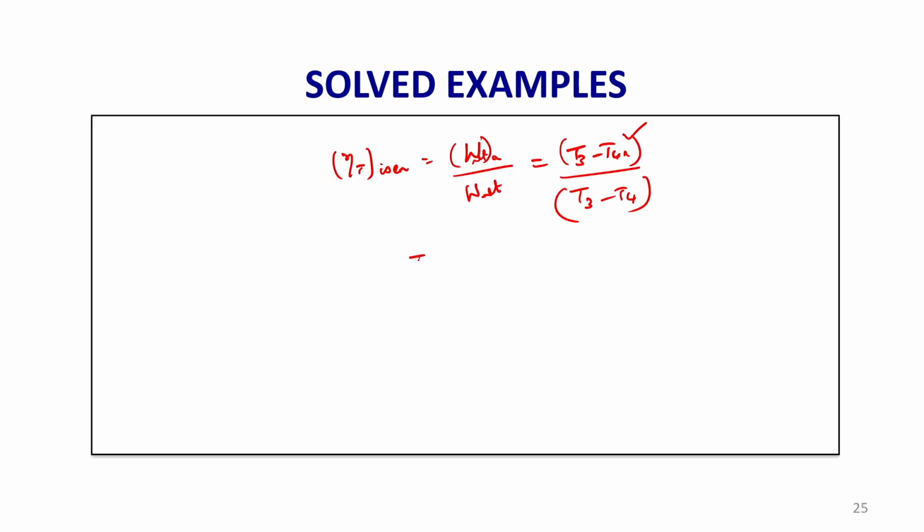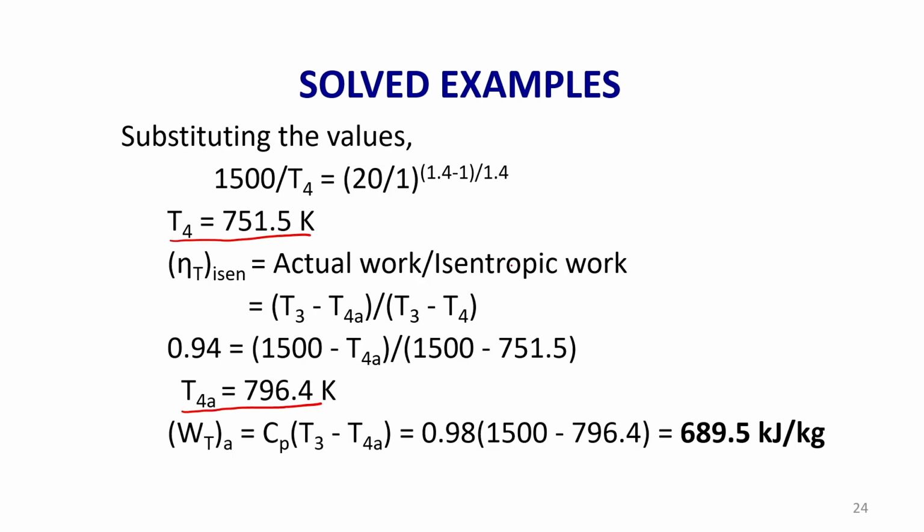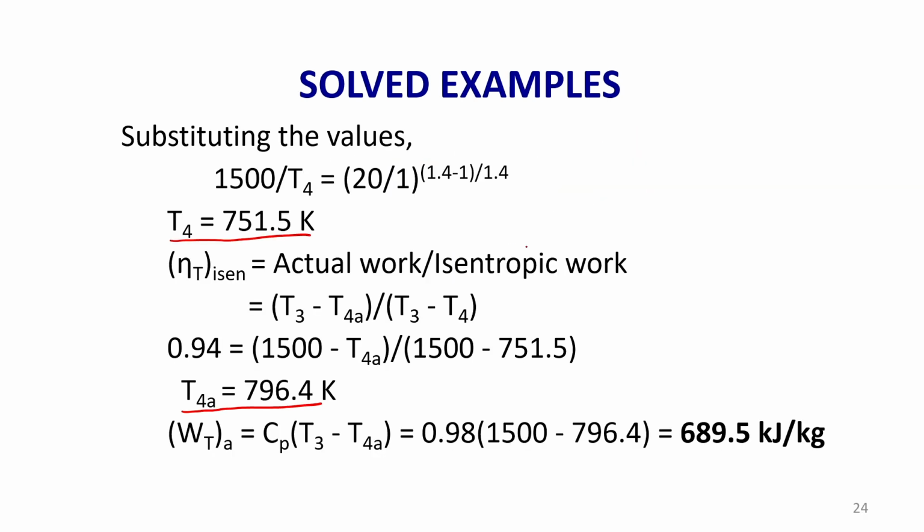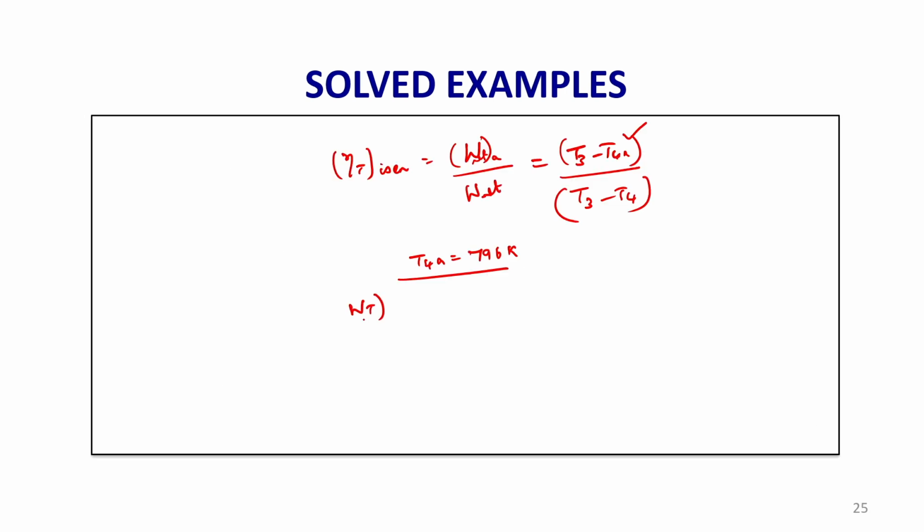So, T4A, how much are you getting? 796 Kelvin. So, the actual turbine work will become Cp into T3 minus T4A.